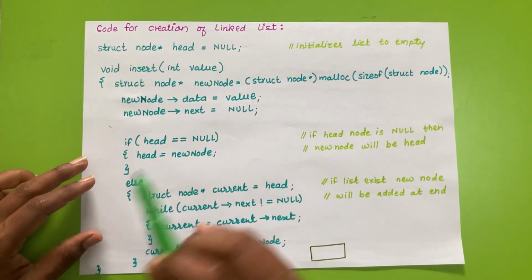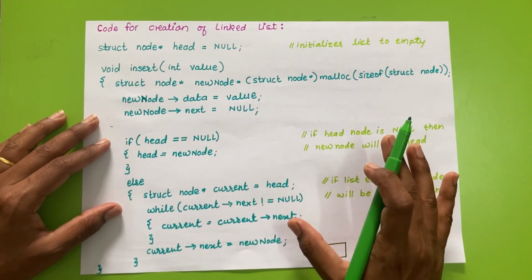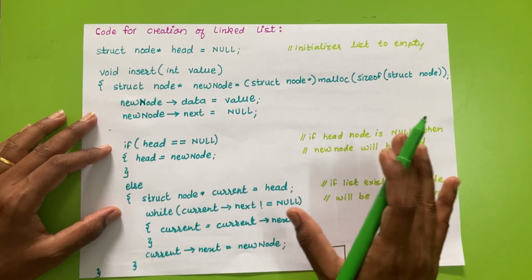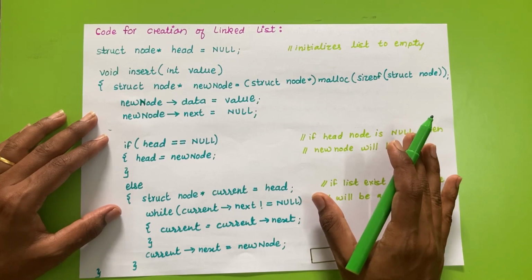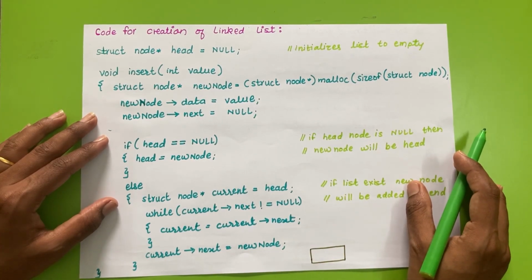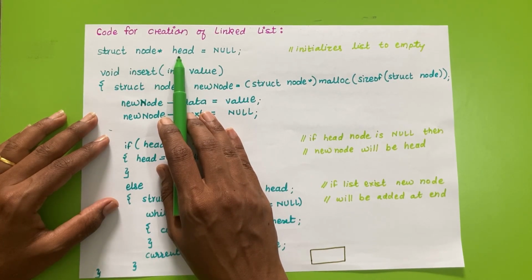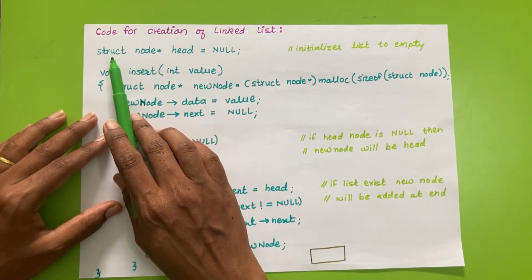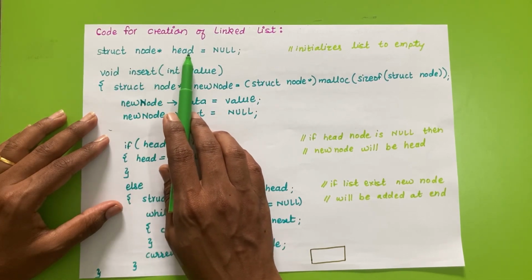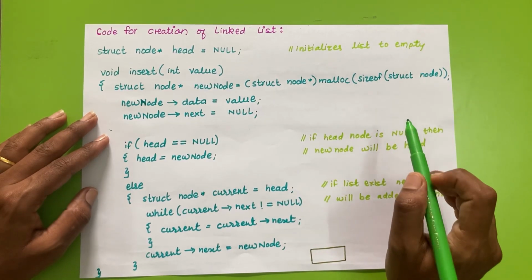Let's start. First we will assume that we have 0 nodes present in the linked list, which means we have a blank list. Our head is null. So struct node star head is equal to null, which means we don't have any node present in the linked list.